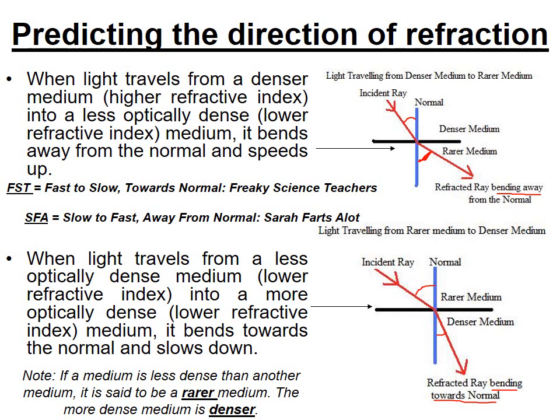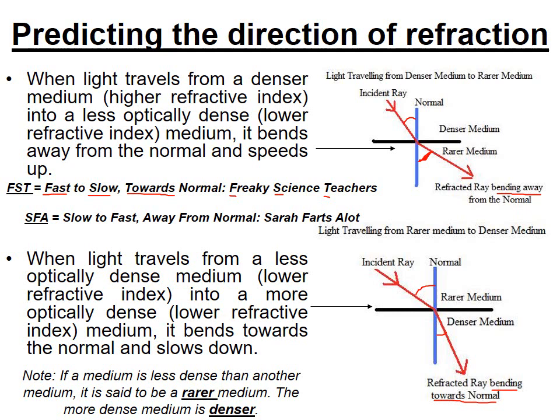There's FST and SFA. So FST, you can remember freaky science teachers, which really means fast to slow, towards the normal. So if your light ray travels from a fast medium to a slow medium, it will bend towards the normal.